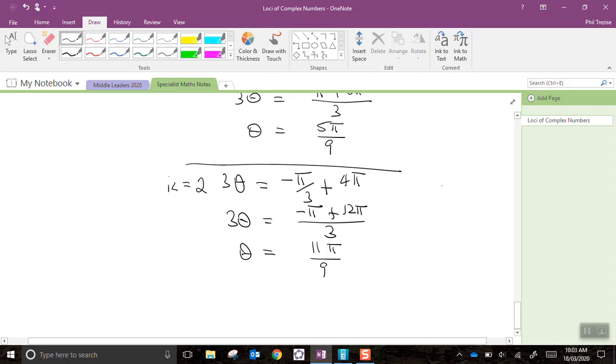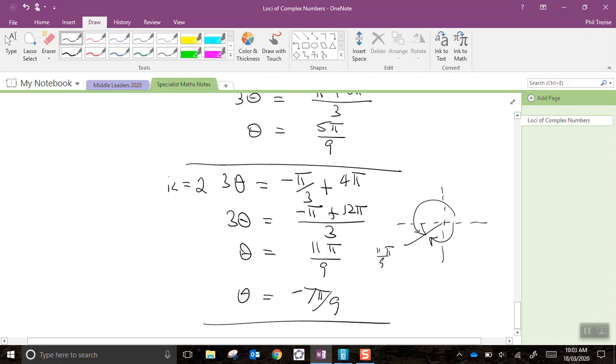So a quick few thoughts about this. 11 pi over 9 is here. I would like to know how much that is the same as. That is equivalent to negative 7 pi over 9 as a principal argument. Negative 7 pi over 9.